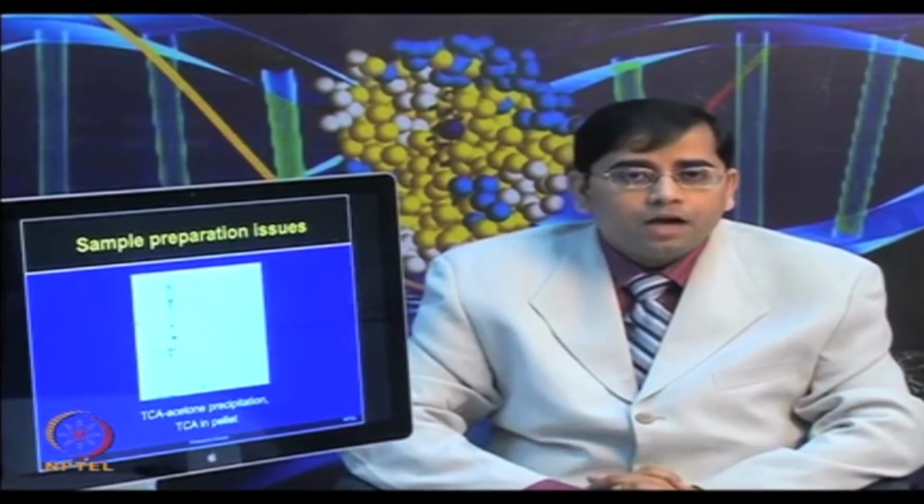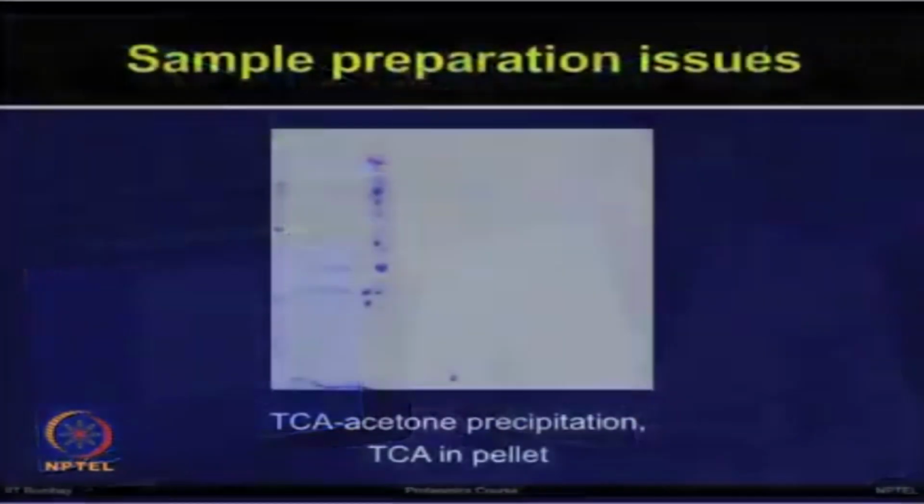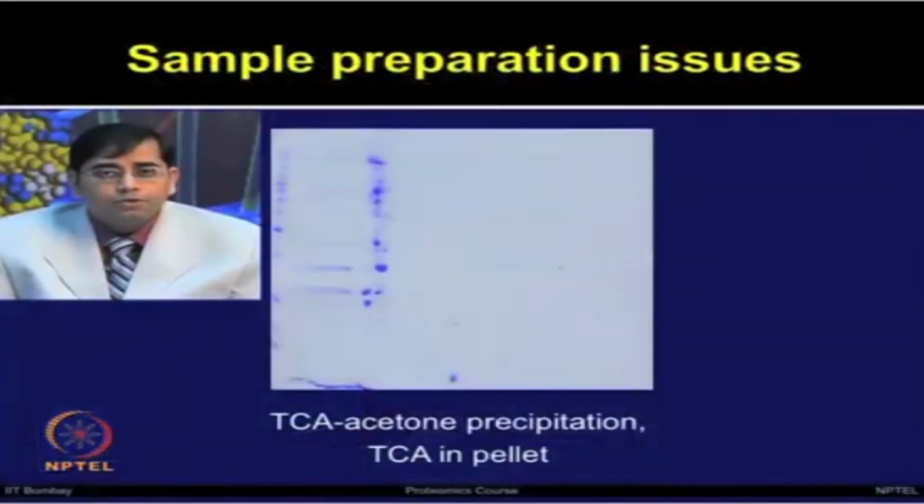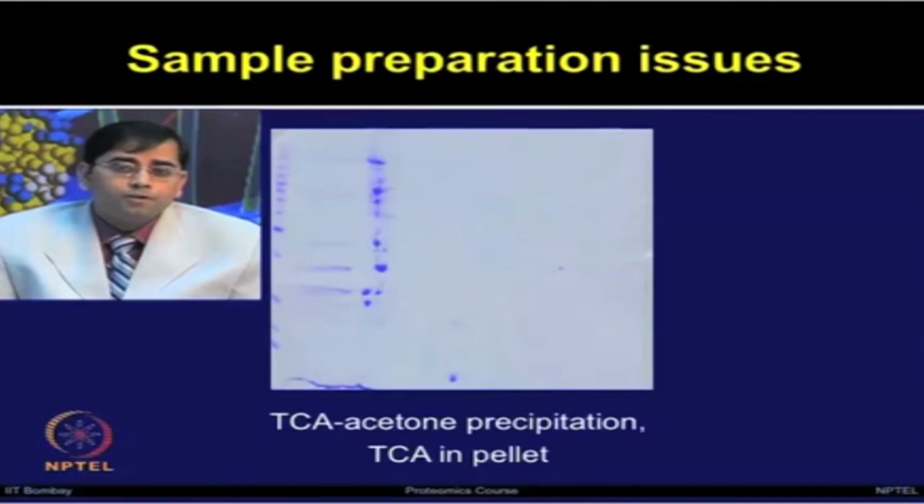I am showing you a few problematic gels, to show how even small mistakes or issues inherent to your biological samples can give rise to very bad 2D gels. For example, I am showing you a few sample preparation issues. In this gel, as you can see, the TCA acetone precipitation method was followed, but there was no good washing performed.